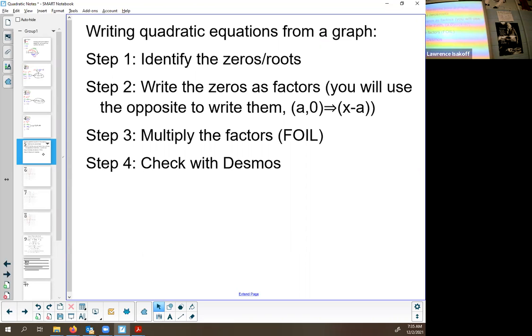We will have 3 examples with this. Again, once you see it in motion, these steps are going to make a lot more sense, and they're going to seem easier than they sound.